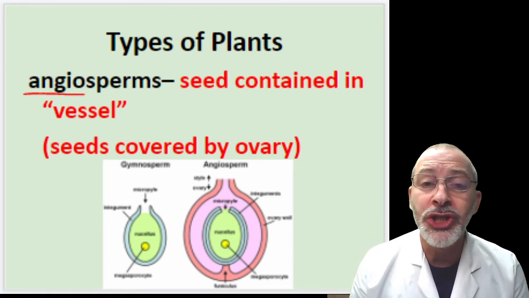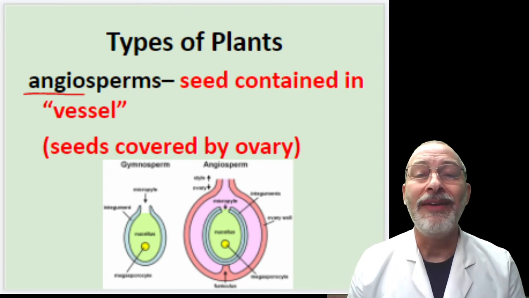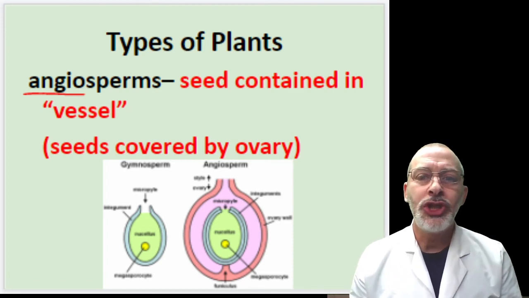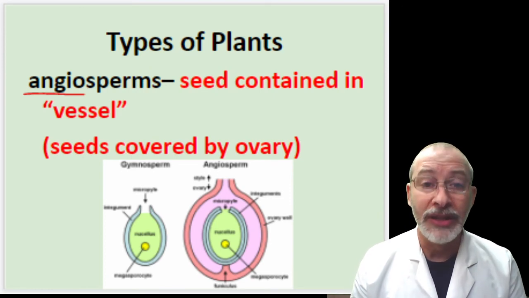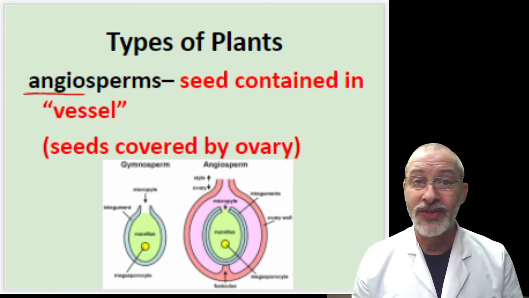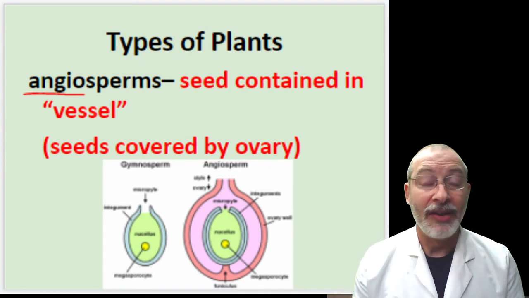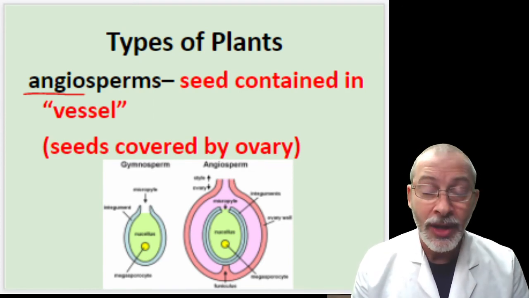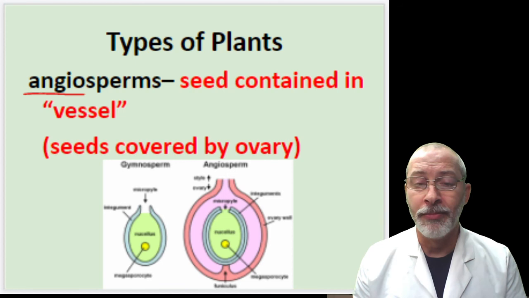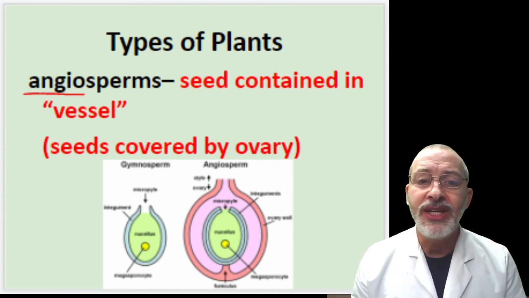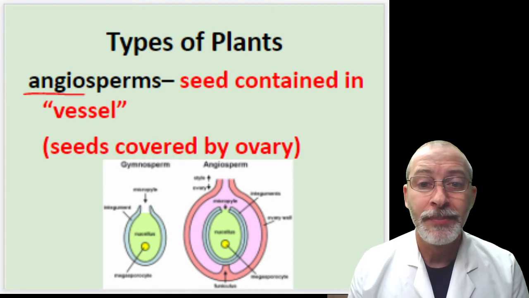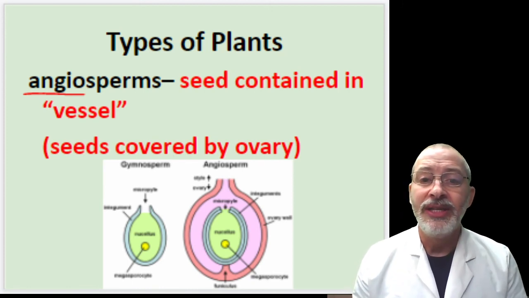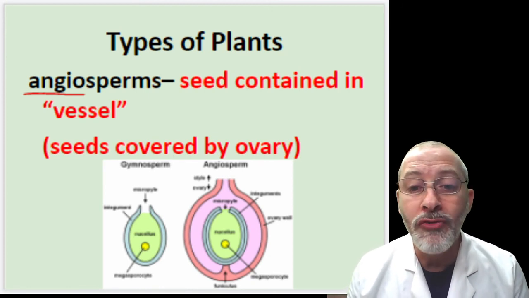Well, angio refers to a vessel. Angiosperms, which are, by the way, the most prevalent type of plants on planet Earth at this point in our history, have seeds that are contained in a vessel. And that vessel is called an ovary.